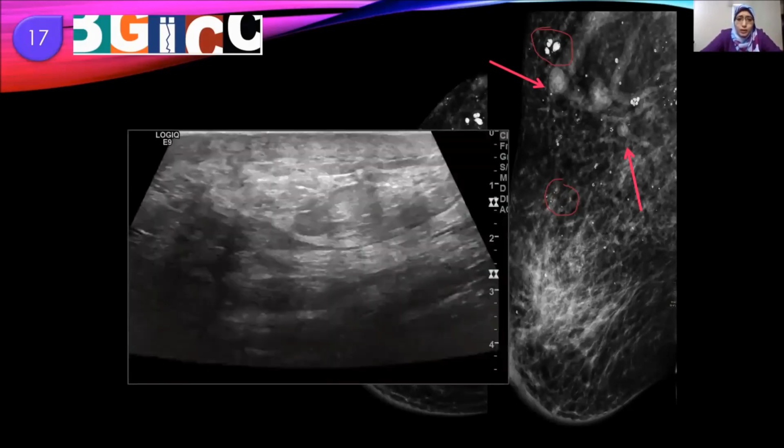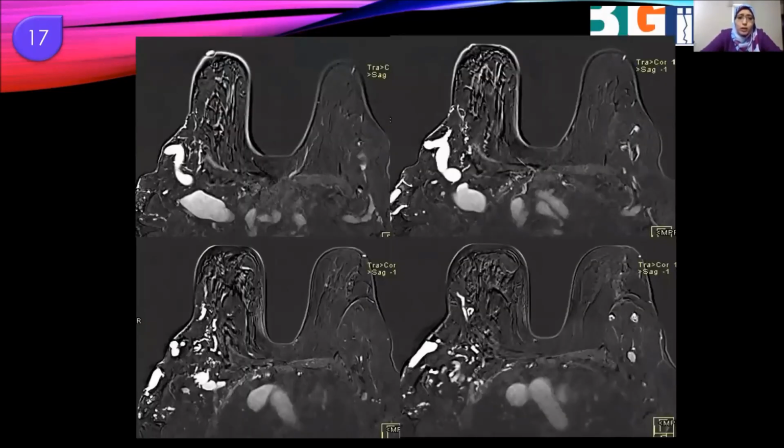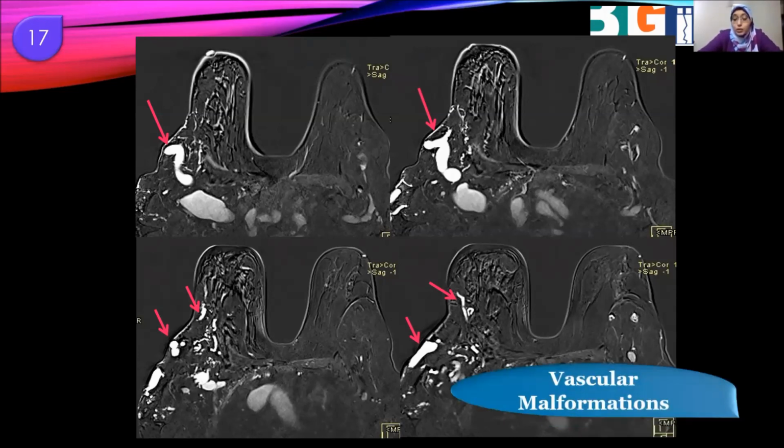The ultrasound here was just to confirm that this is a tubular structure passing under the skin with overlying skin thickening. We performed an MRI also. We found these dilated vascular structures, dilated vessels reaching to the subclavian, and it was actually an AVM, or a vascular malformation.